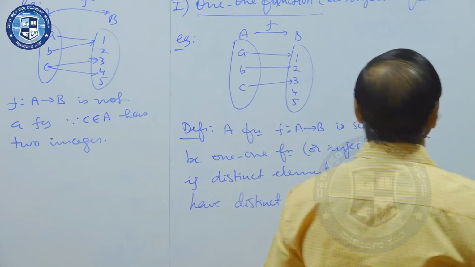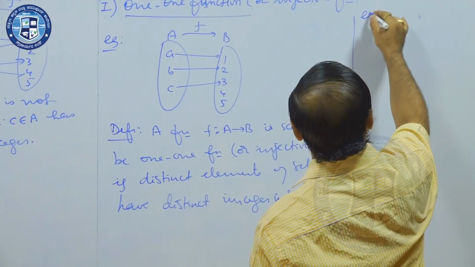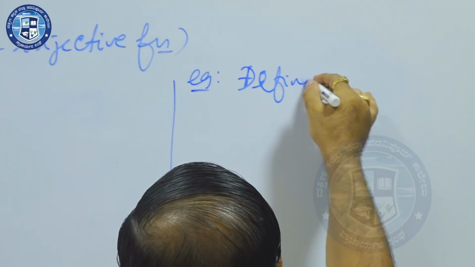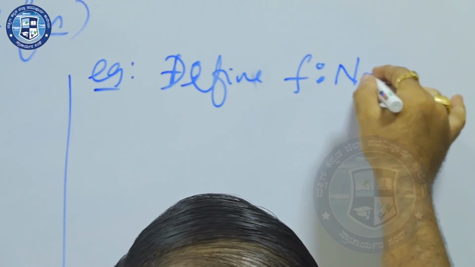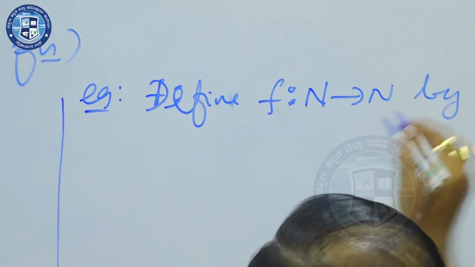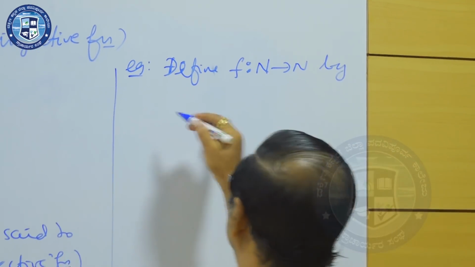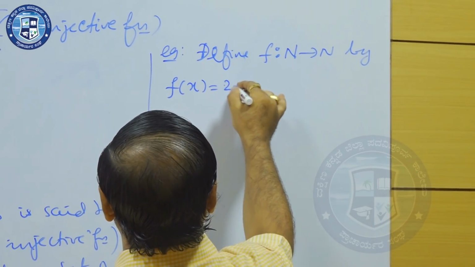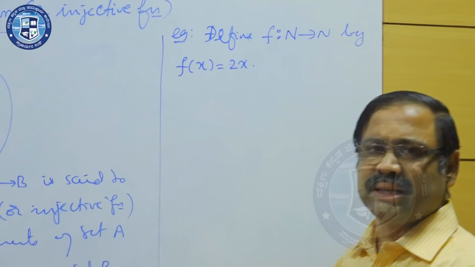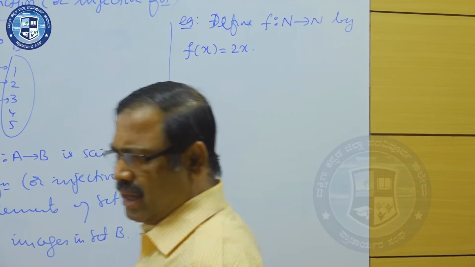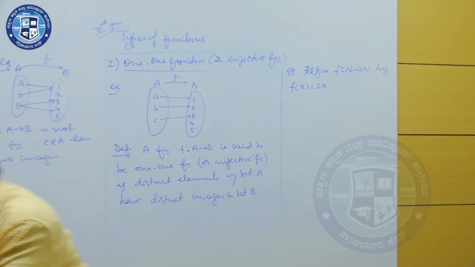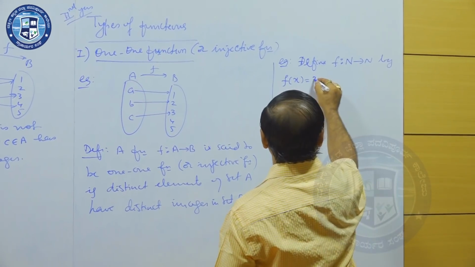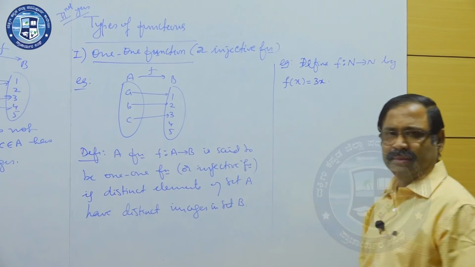Now I'll write one simple example. I define f from N to N by f of x is equal to 2x, or I write f of x is equal to 3x. I am defining a function.